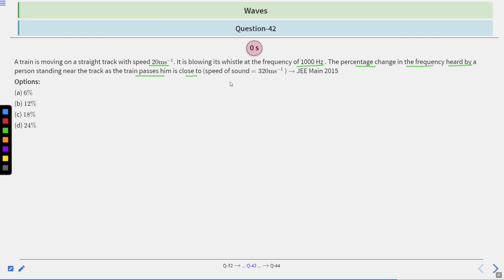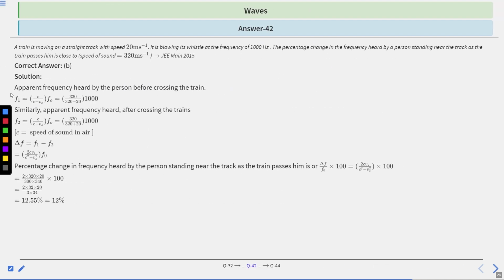Let's find a solution. The apparent frequency heard by a person before the train crosses is F1 equal to C divided by C minus Vs, multiplied by F0.